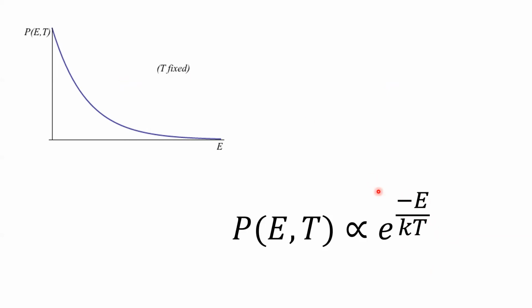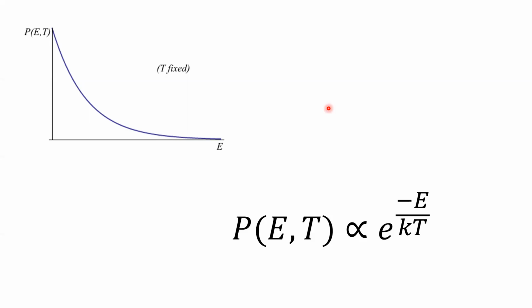So I wish I had a graphic for you, but if capital T here, the absolute temperature, were higher, this would drop off more gradually, indicating that your probability of finding the system at the high energies goes up. And that makes sense. The hotter everything is, the more likely it is that you should find the system at higher energies.